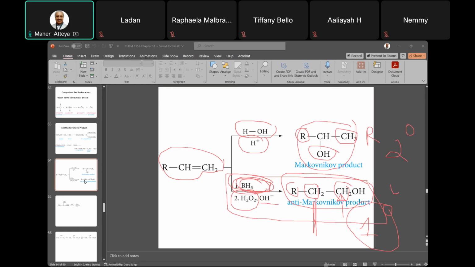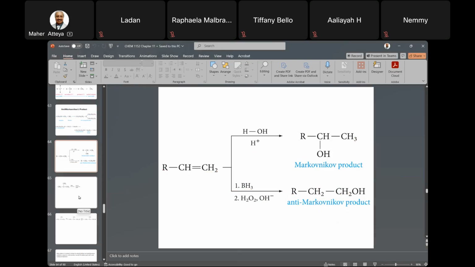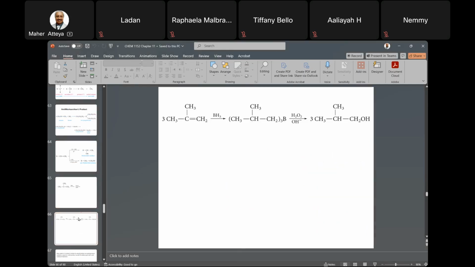So let me show you here. Can you see what's happened here? So now when you first reduce, you open up the double bond, correct? The double bond is opened up.